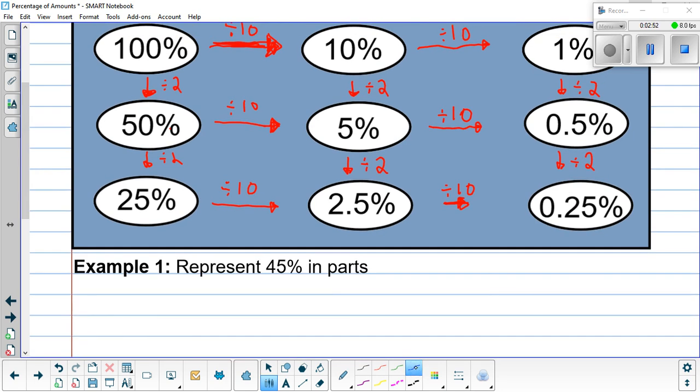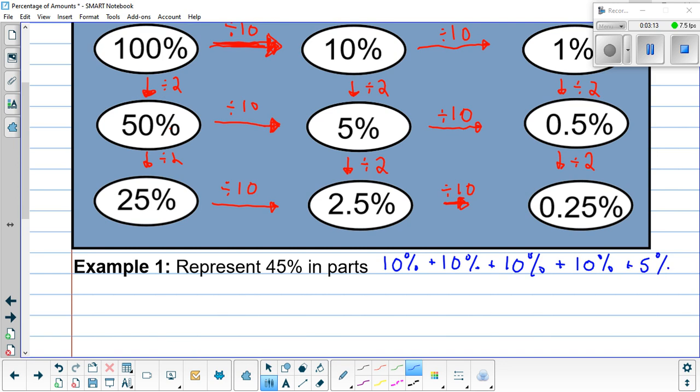One way we could do this, usually the easiest, is 10% plus 10% plus 10% plus 10% plus 5%.